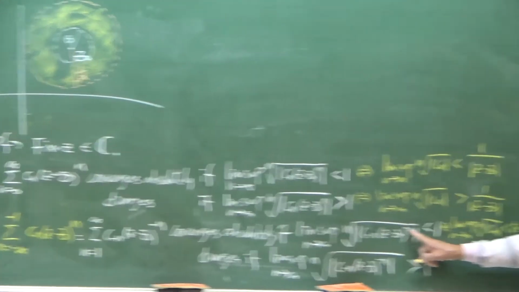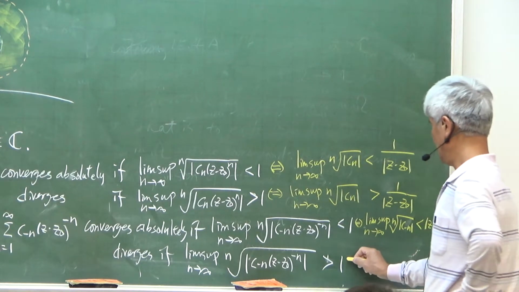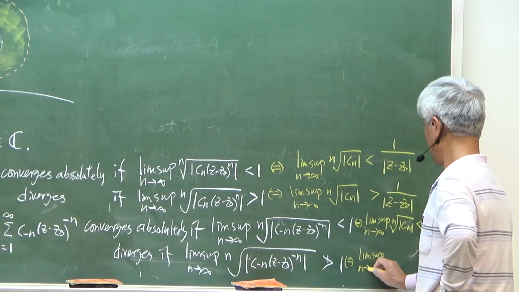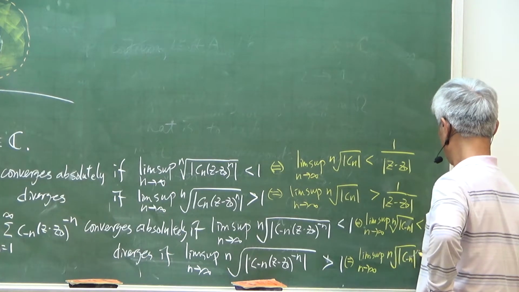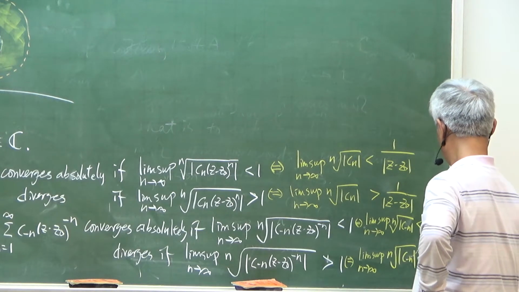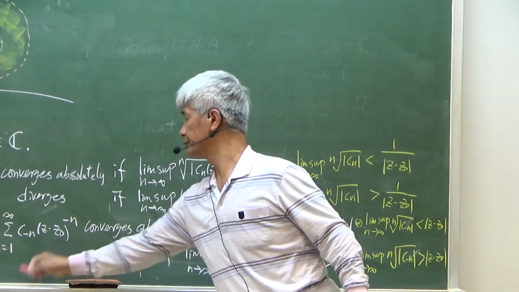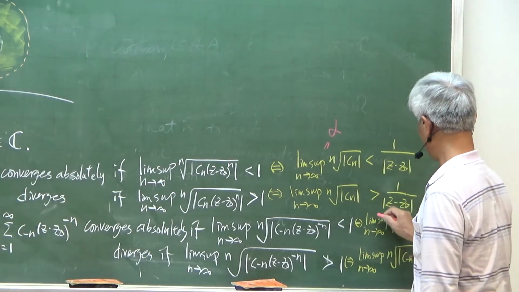Because it's minus here, so not the inverse, but it's this one. Now, this is equal to alpha, this is equal to beta.